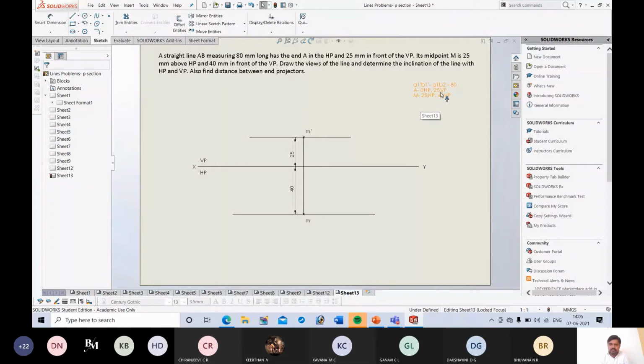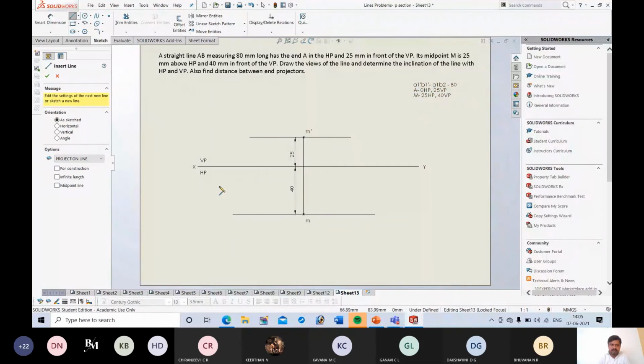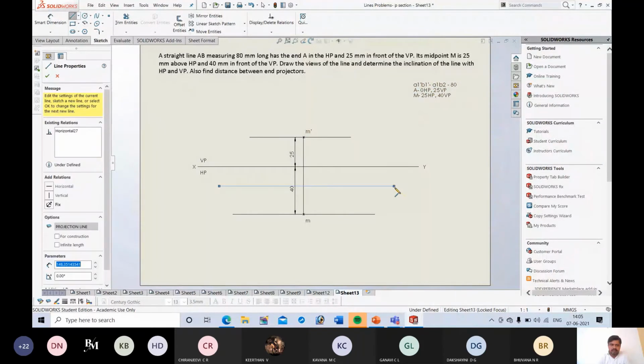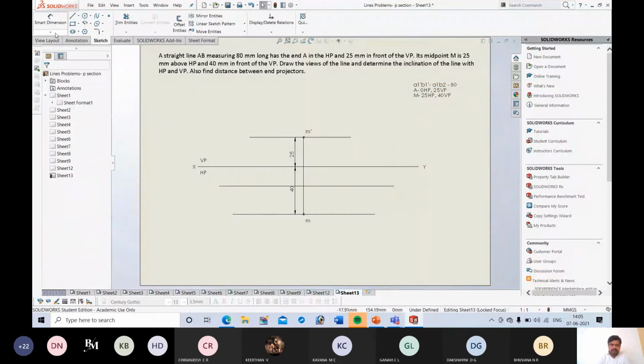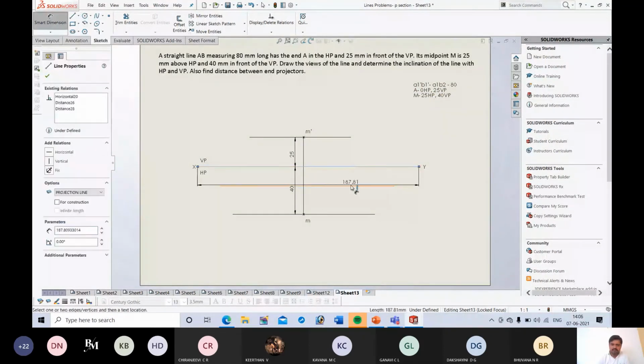Based on this data, I can draw locus. 0 from HP means it will be on the XY line. 25 in front of VP means I will draw a horizontal line at a distance of 25 from XY line.